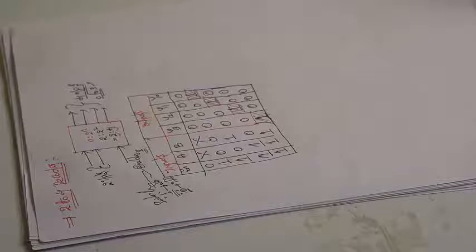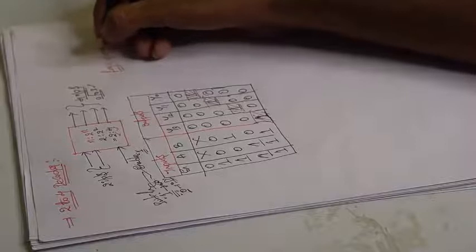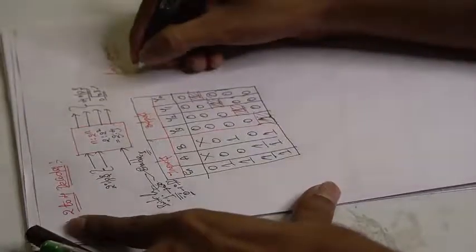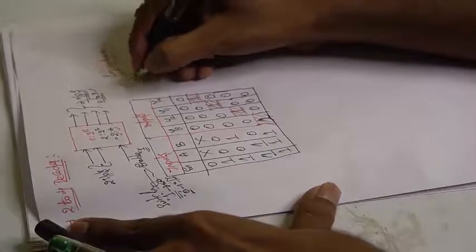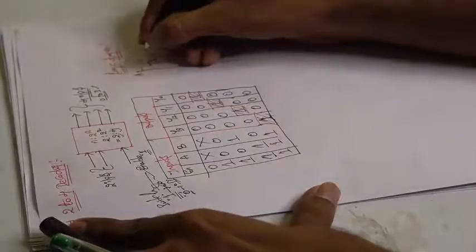Now let's see. If you want to draw a logic diagram for this, I will tell you one simple example or one simple case. So simple only. This will be the A, and this will become the A bar.